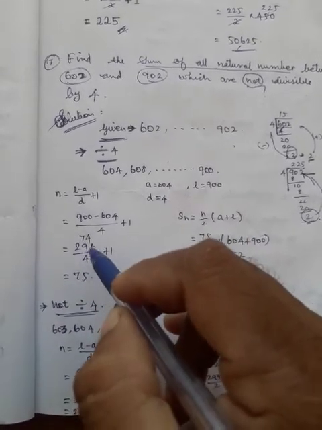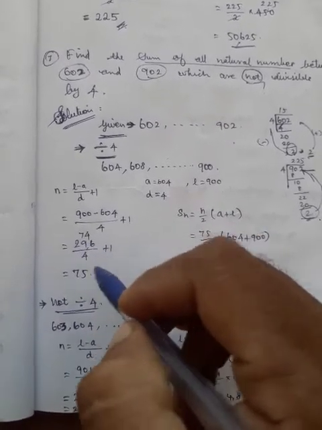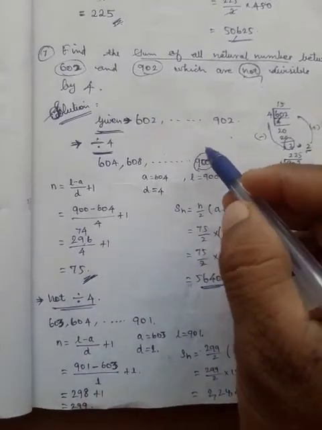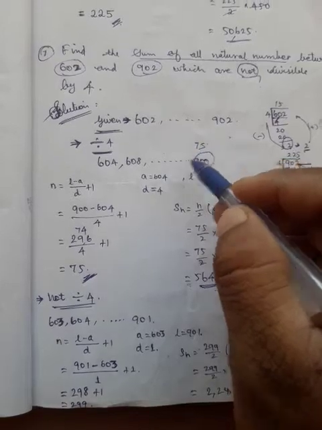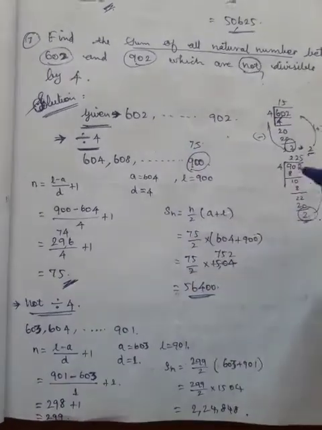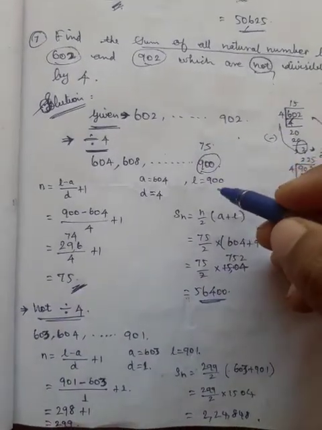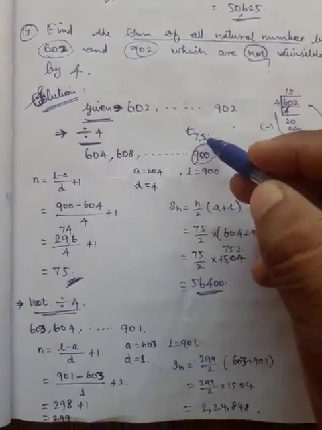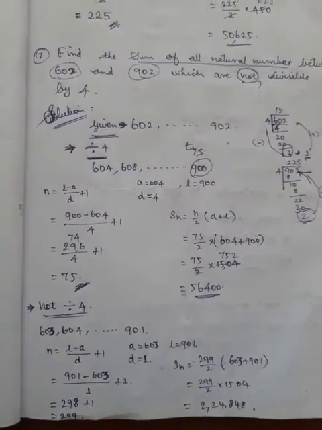Cancelling, we get 74, plus 1 is 75. So 900 lies in the 75th place, so this is T75.